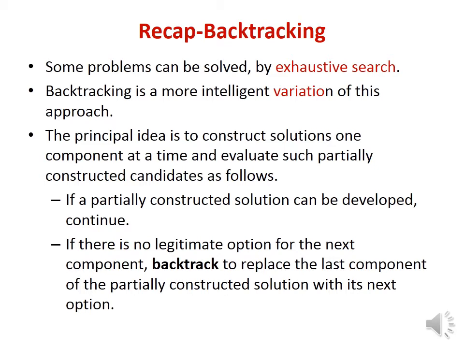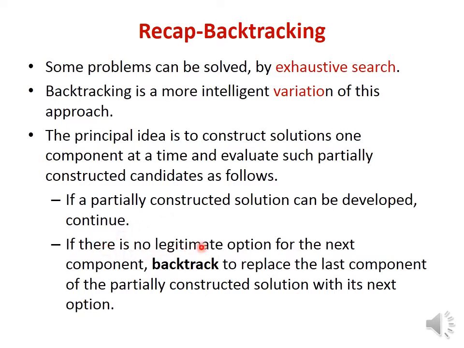So let us recap or review some of the backtracking concepts. Some problems can be solved by exhaustive search, which will consume much of our time. Backtracking is a method which is a variation of this exhaustive search. The basic idea is to construct the solutions one component at a time. If the partially constructed solution can be developed further, we continue.